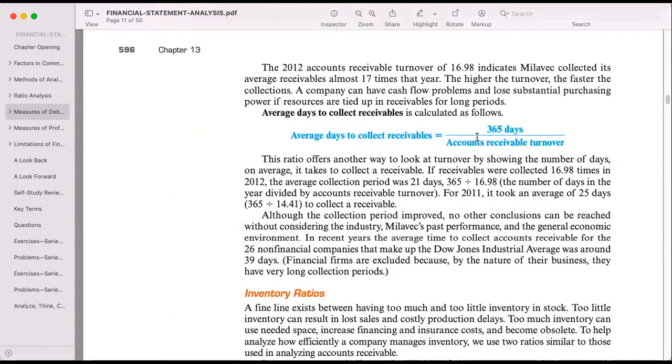So 365, that is 1 year, divided by the accounts receivable turnover, gives your average days to collect a receivable. Again, we will not dig into the topic further because it will involve a lot of solving. We just have to know the concept of ratio analysis, horizontal analysis, and vertical analysis, because that is what will come out in the exam.